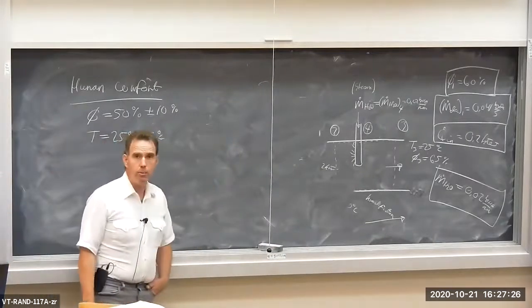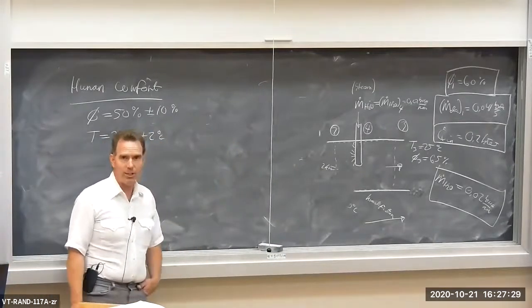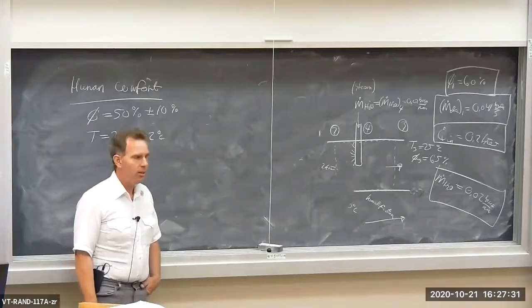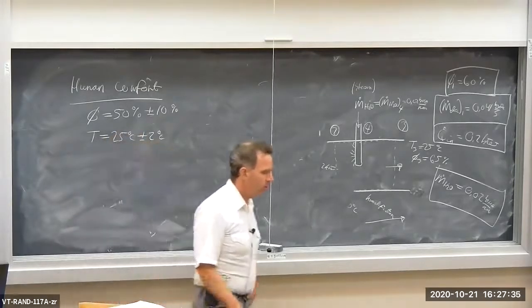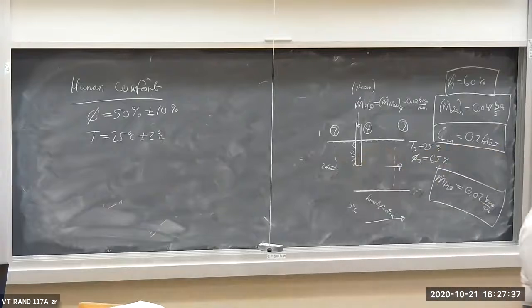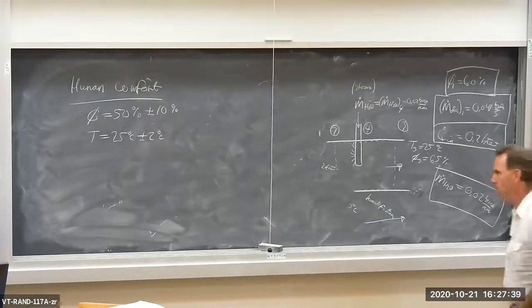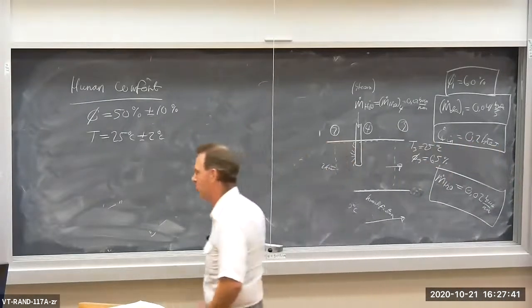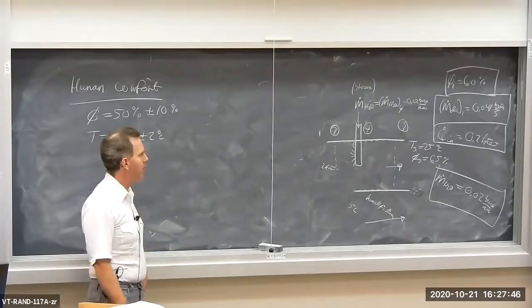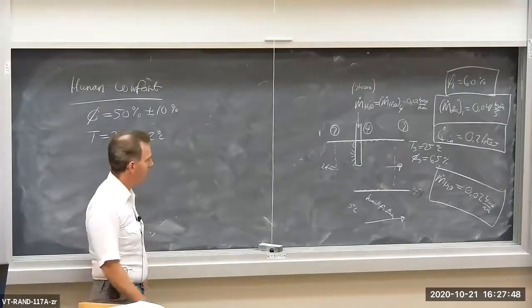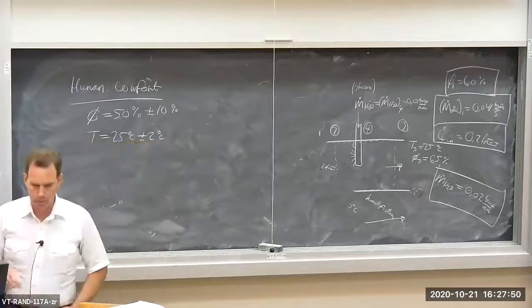So now we're going to move on to reacting systems, mixtures, fuel and air, or fuel and an oxidizer. We're going to move on to systems that actually react with each other. Fuel burns, reacting systems, chemical reactions, and we're going to learn how to treat these systems in a thermodynamic way. All right? So take care, ladies and gentlemen. Take care.